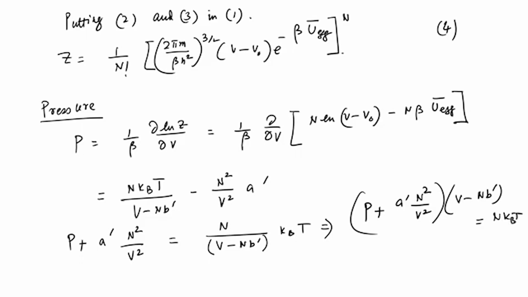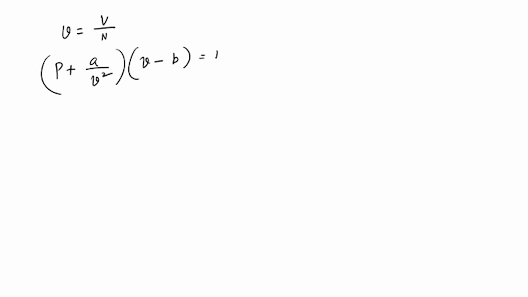Now, if you introduce reduced volume, that is volume per molecule, a small v, which is also called the specific volume. So, this is equal to P plus a by v square and v minus b. This is equal to RT, where your a is a prime N square and b is equal to b prime N, and so on.